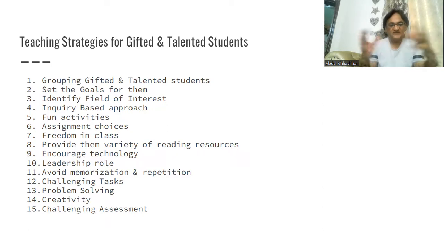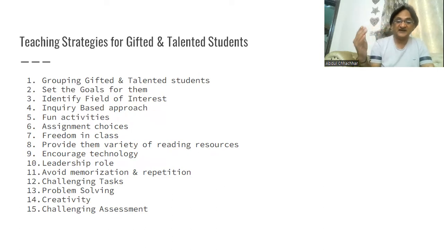There should be freedom in the classroom, moving, talking, and discussions, because they will not tolerate any kind of interruptions. They want to play in their own space, or mental space. So let them play and enjoy the learning. Provide them a variety of reading sources.